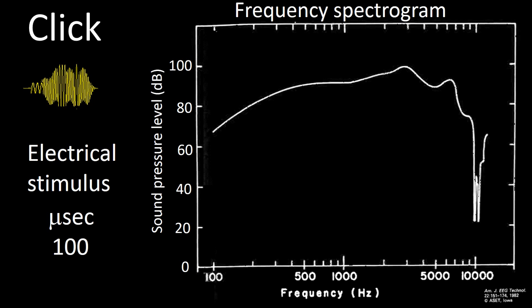The spectrum of most of these clicks, this one seen in this frame being an example, contains frequency from 100 Hz to 10,000 Hz. These frequencies stimulate the basilar membrane extensively, but not in a uniform fashion, because some areas of the basilar membrane will be receiving energy sooner than others, and also more intensely than others.